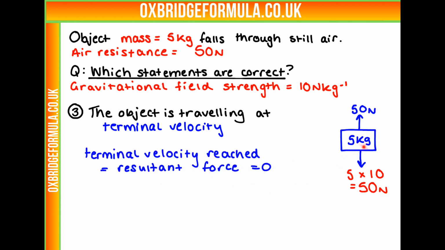So there's no stronger force on the bottom causing it to accelerate further, and there's no force pulling it upwards to cause it to decelerate. These must be equally matched to keep it at a terminal constant velocity. And as we've already established, we don't have a resultant force. Therefore, we must have reached our terminal velocity. So this one is also correct. And as only 2 and 3 were correct, our final answer is G.